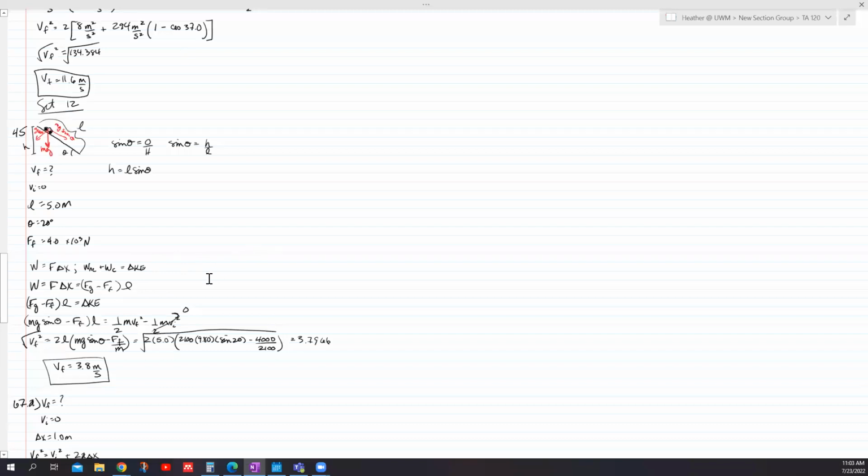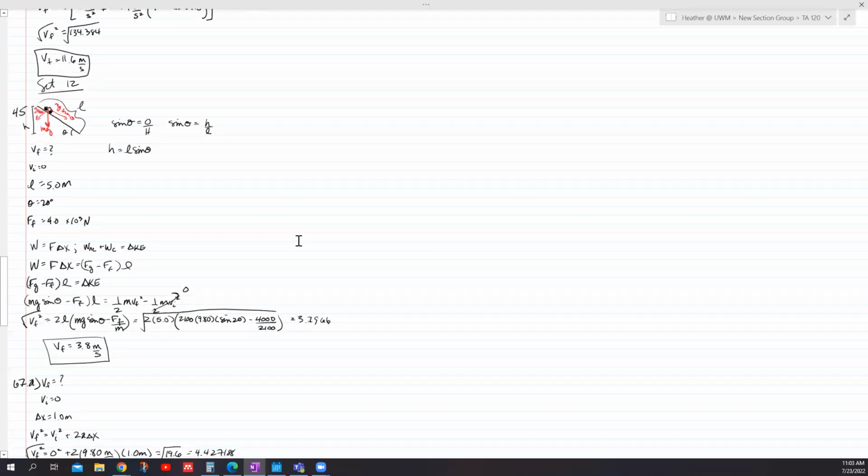Writing down the equations that we know: work equals force times the change in X. And we also know that the work of the conservative forces plus the work of the non-conservative forces, so friction in this case, wind resistance, air resistance, that would also be a non-conservative force, is going to be our change in kinetic energy.